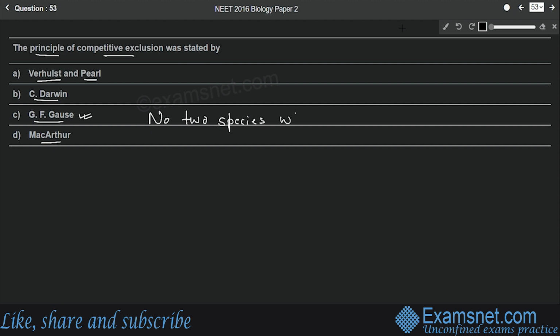which compete for the same limited resource can coexist at constant population values.